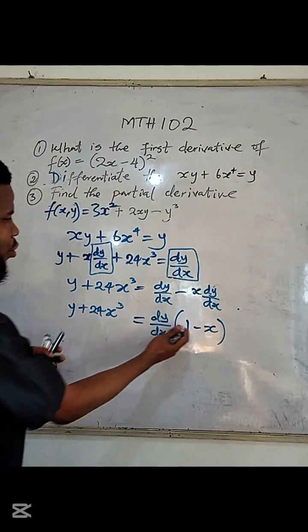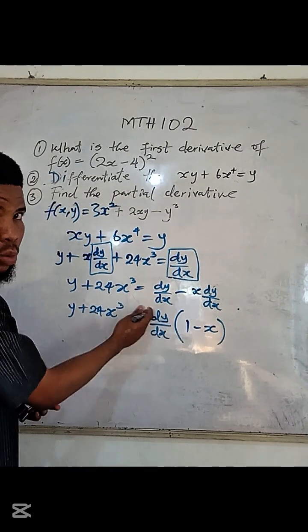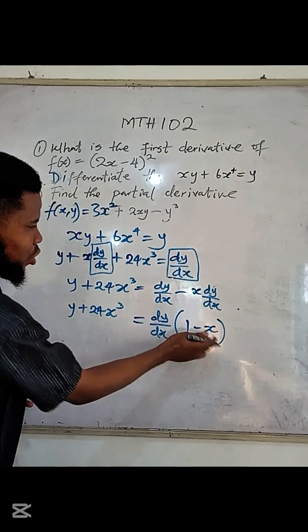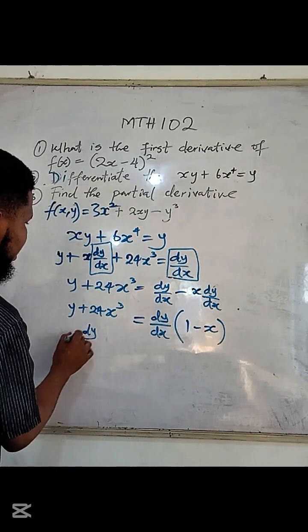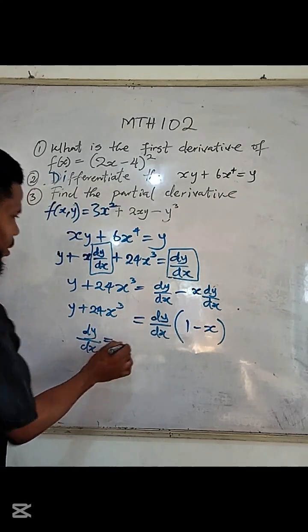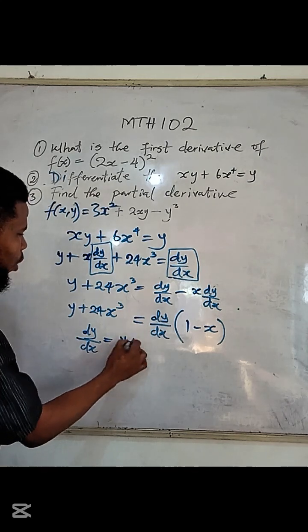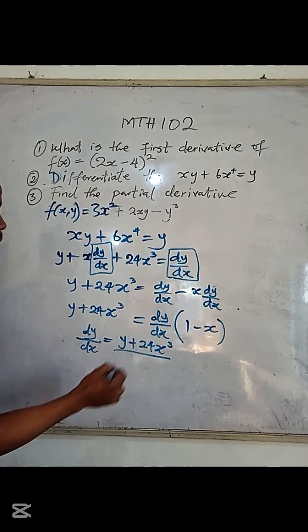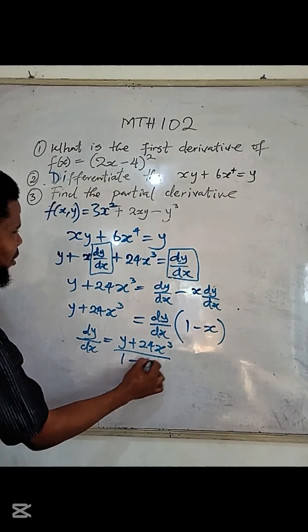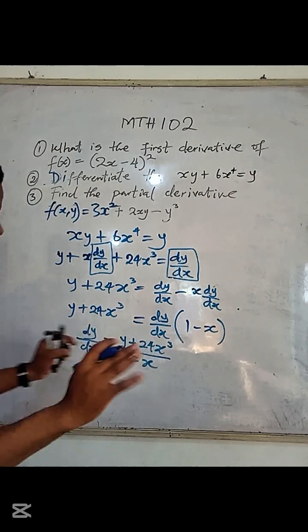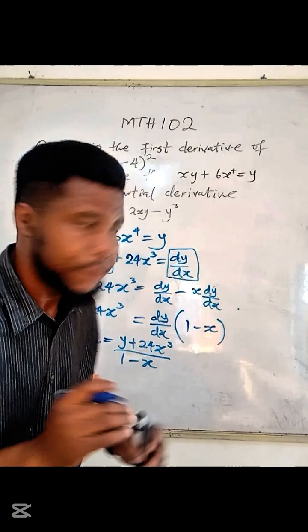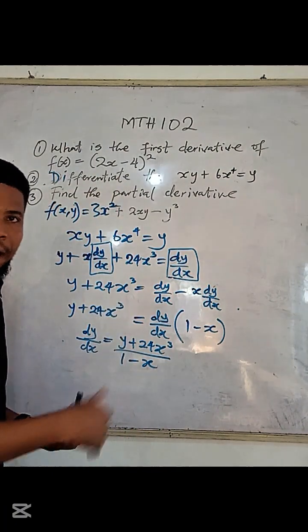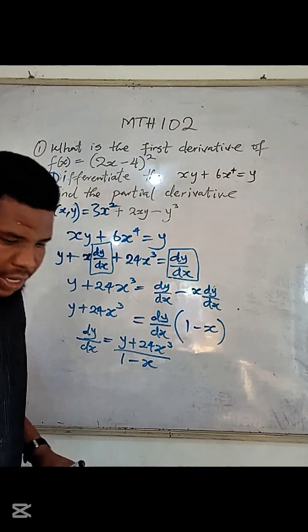So what we need is dy/dx, so divide both sides by this one. dy/dx is equal to y plus 24s raised to the power 3 all over 1 minus s. Are you clear? That is our answer. I hope you understand. Alright, I want to move to the next question.